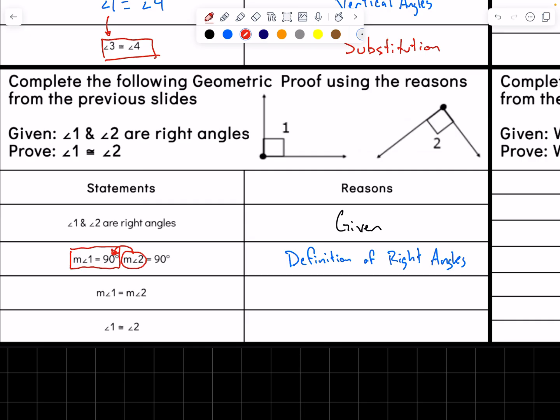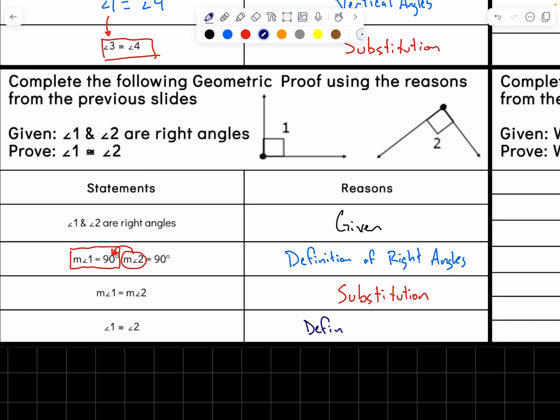So I can substitute, which is kind of the same as saying replace, 90 degrees with the measure of angle 2 to get measure of angle 1 equals the measure of angle 2, which I have below. And if the measure of angle 1 equals the measure of angle 2, then I can say that they are congruent because they are the same size and they are the same shape.